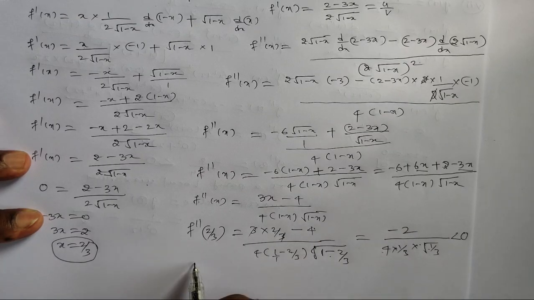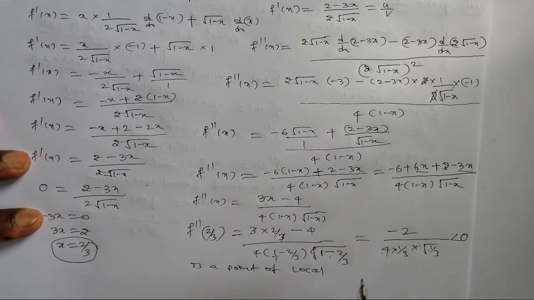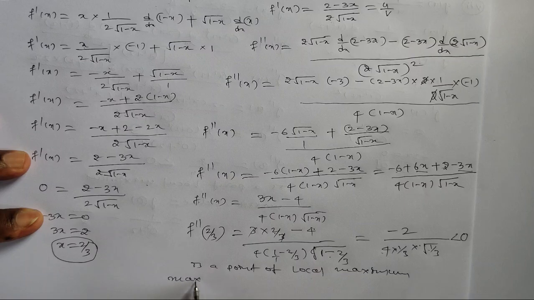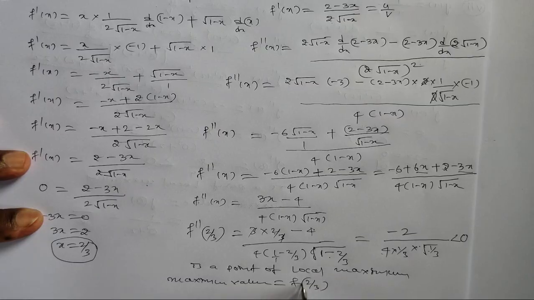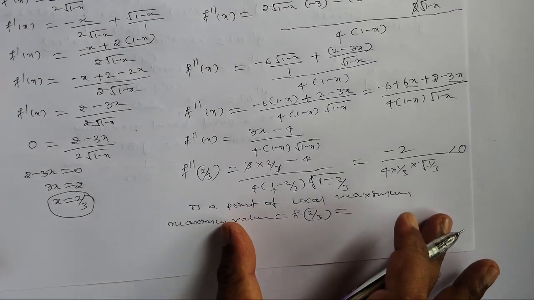So less than 0 means what? It is a point of local maximum. Maximum value is f of 2 by 3.